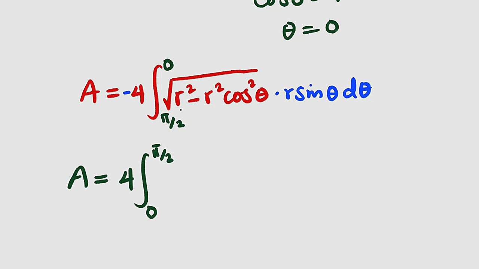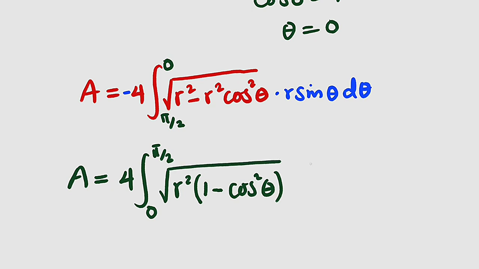And inside, you can see we have r squared in common. So let's factor it out. We have the square root of r squared multiplied by 1 minus cosine squared theta. I promise I will not jump a single step. Multiplied by r sine theta d theta.